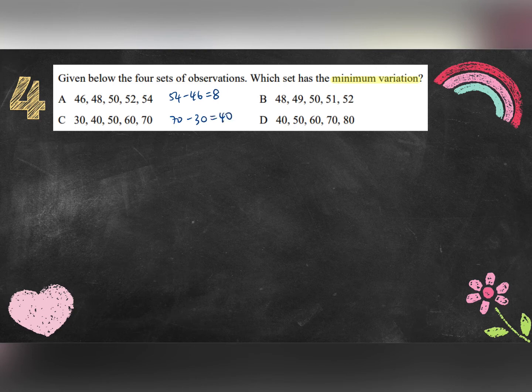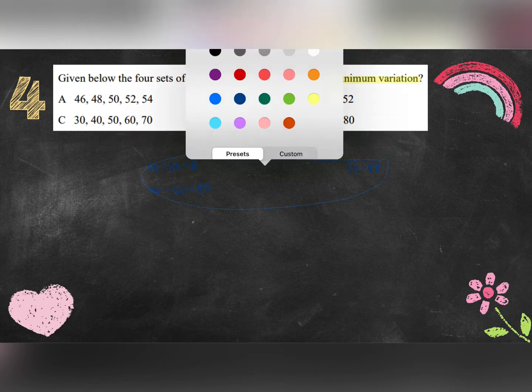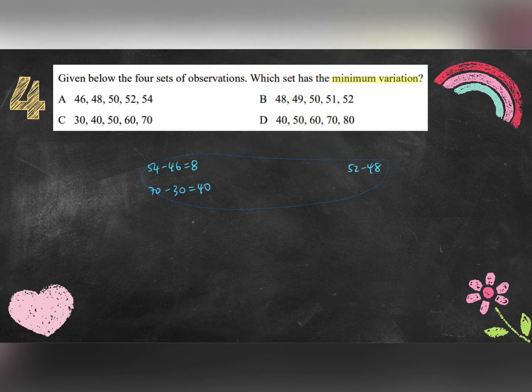And then 52 minuskan dengan 48. So 52 minus 48. Kenapa saya tulis kat sini? Kejap. Right, wait. Let me bring it up here and then kita tukar colour dia jap. Okay, so ni tadi the answer for A, kan?